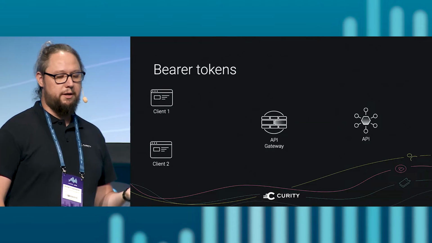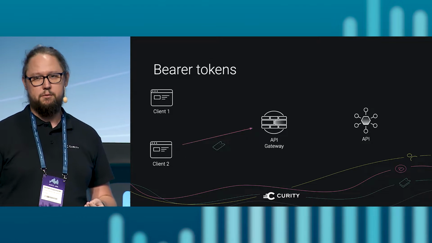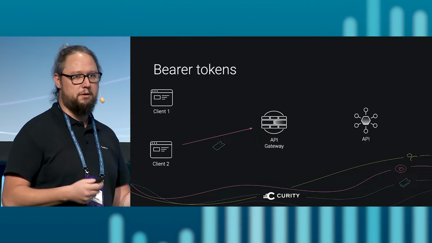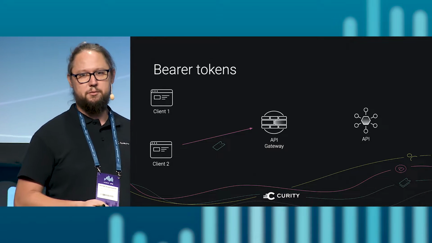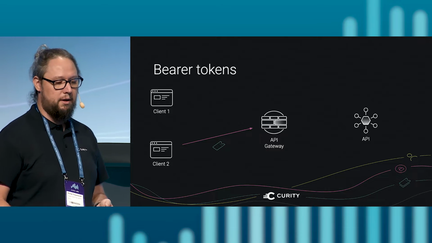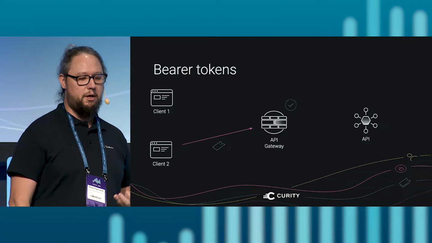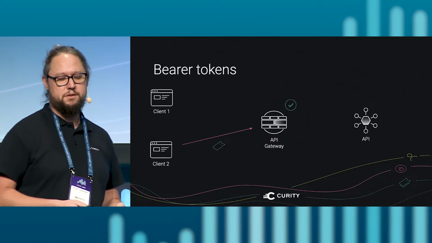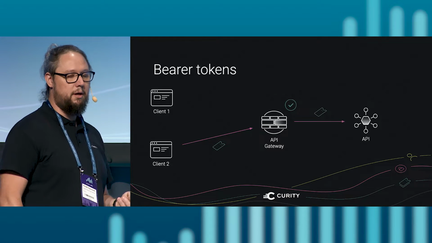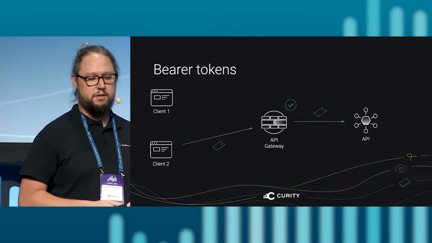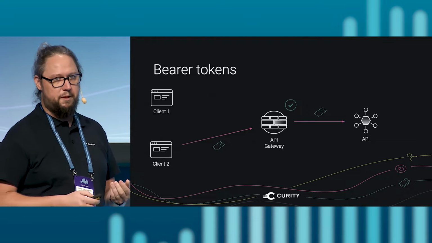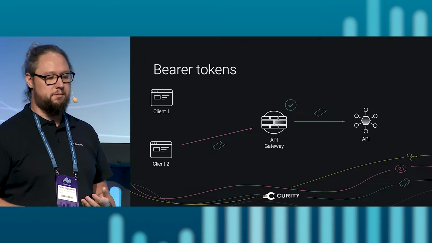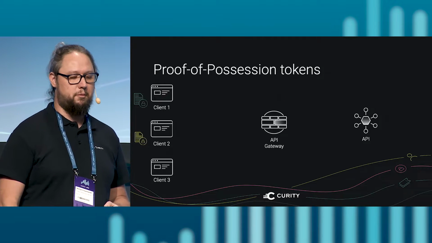And now, if another client manages to get hold of the same token, maybe it got stolen, but maybe even if the other client legitimately got the token from a different client, and when it sends it to the API, again, the API only verifies the signature, the expiration date, maybe the scopes, etc., and lets the request through, even though it's a different client than the one that originally got the token. If someone manages to steal that token, they can call the API. As long as the token hasn't expired, they can call the API and get information.